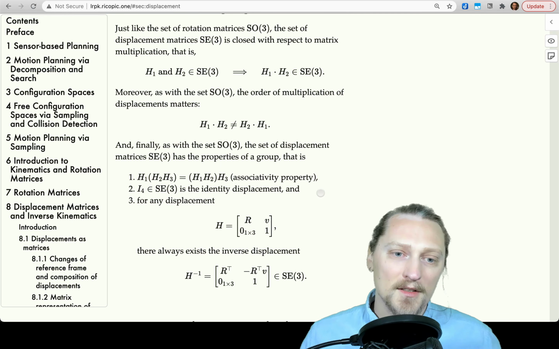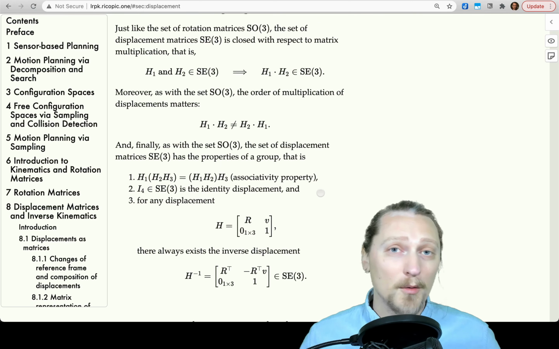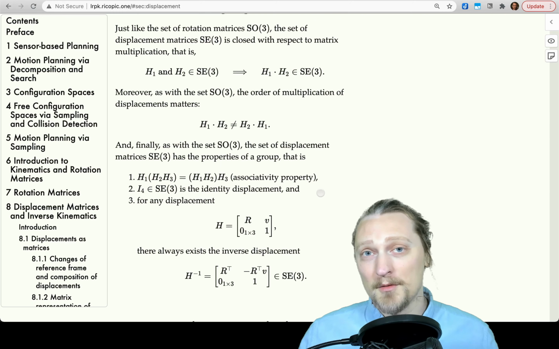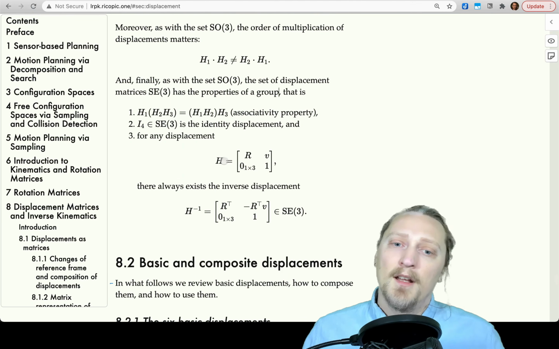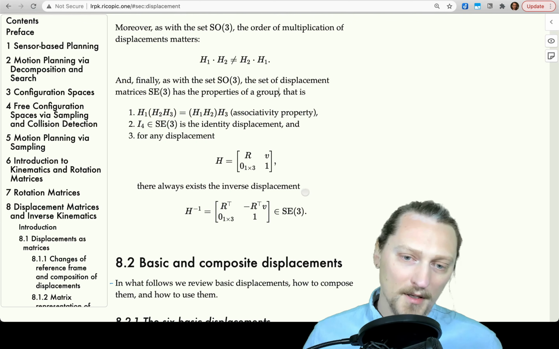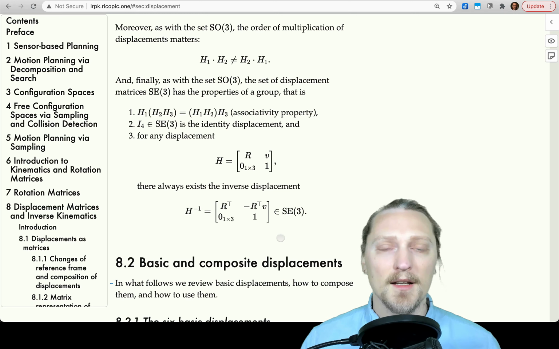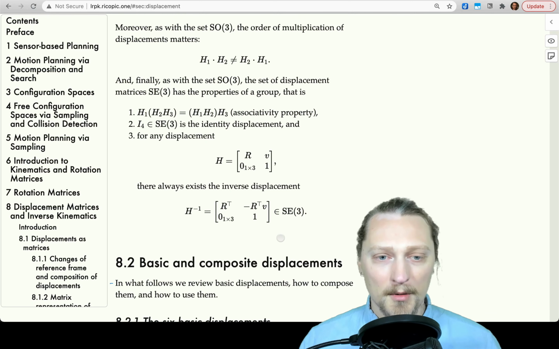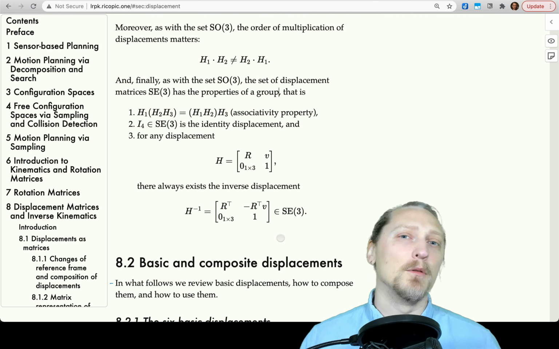So the 4x4 identity matrix is the identity displacement. It doesn't take you anywhere. It doesn't translate you anywhere. It doesn't rotate you at all. And for any displacement H given here, there always exists the inverse displacement, and we've already shown what that inverse is. So those establish that it is in fact a group, and we are happy to continue working with group theory.